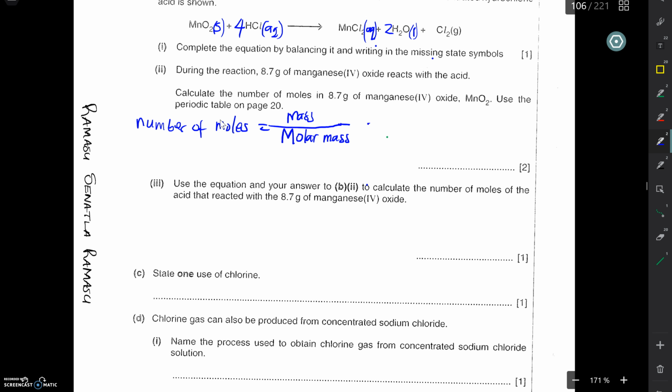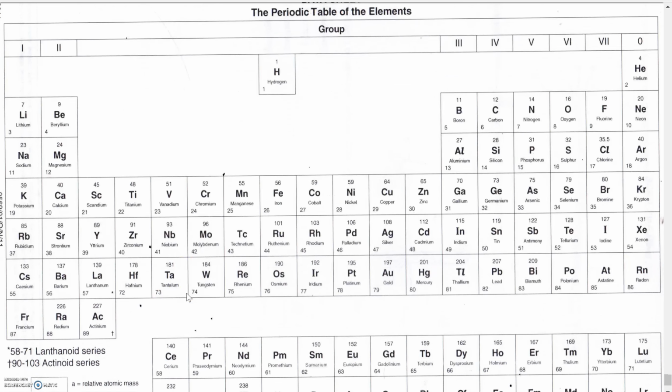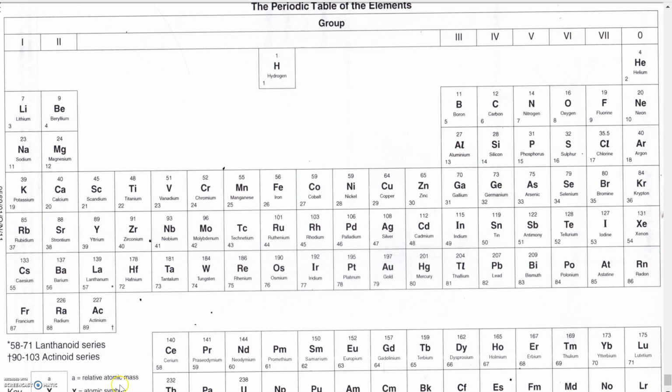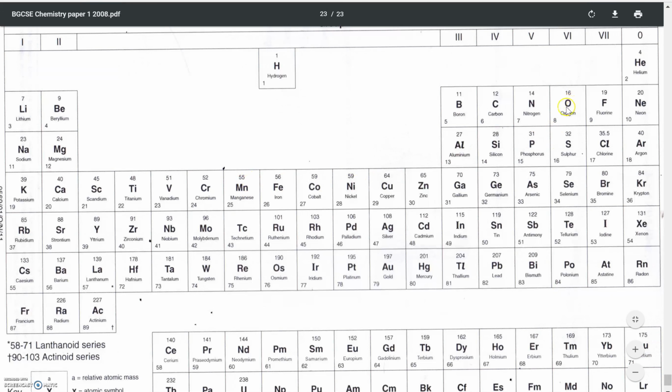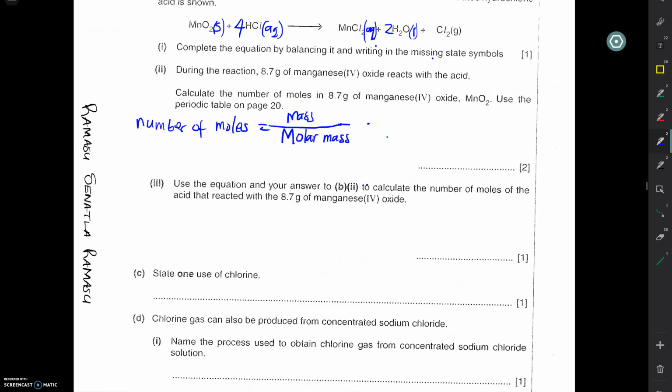Now the molar mass is the same as the relative molecular mass. So to calculate the relative molecular mass, we need to find the relative atomic mass of manganese, which is 55, and of oxygen, which is 16. Right.